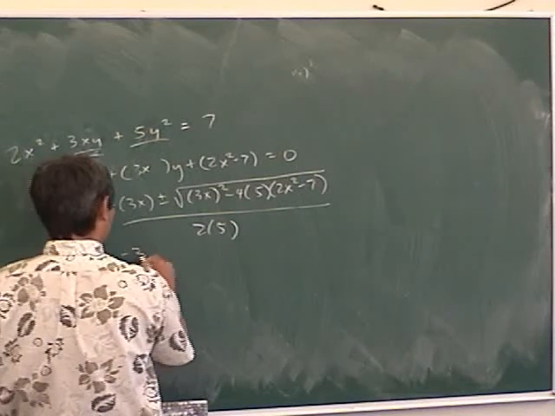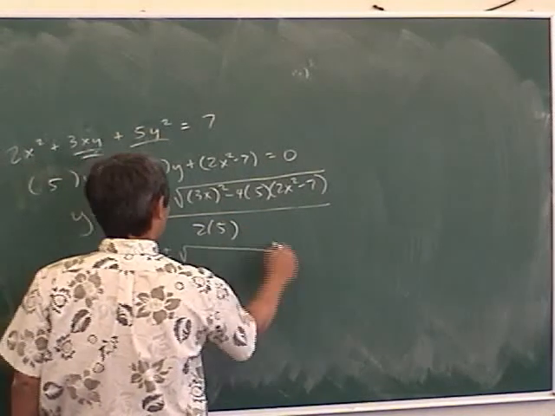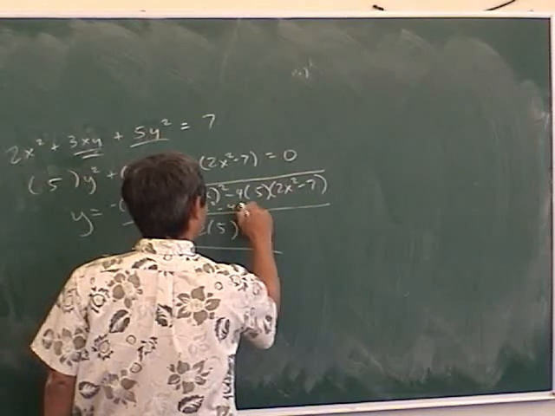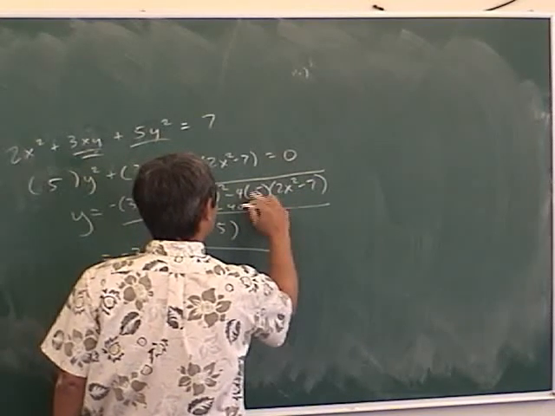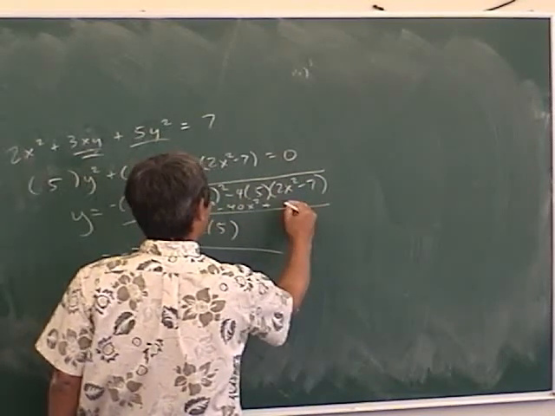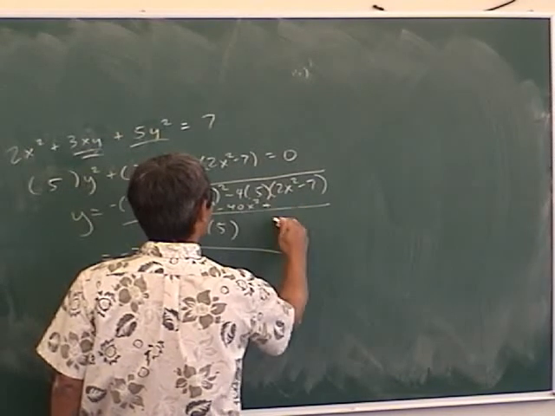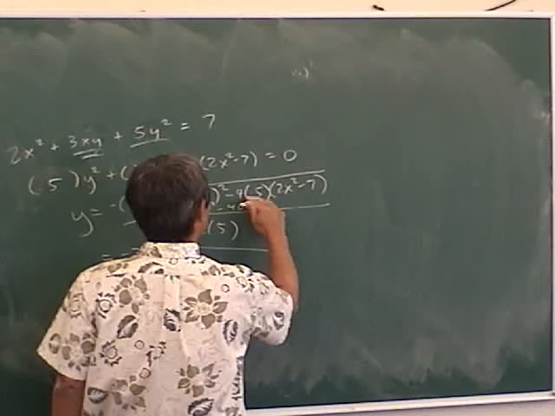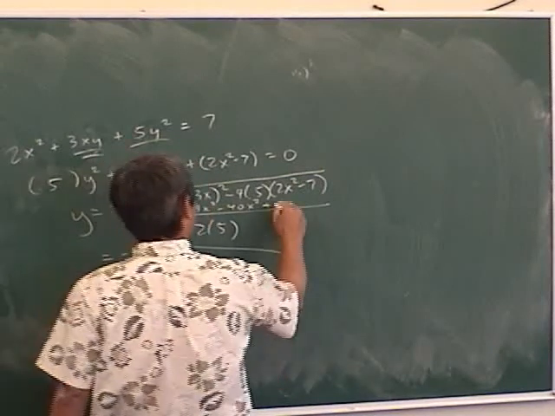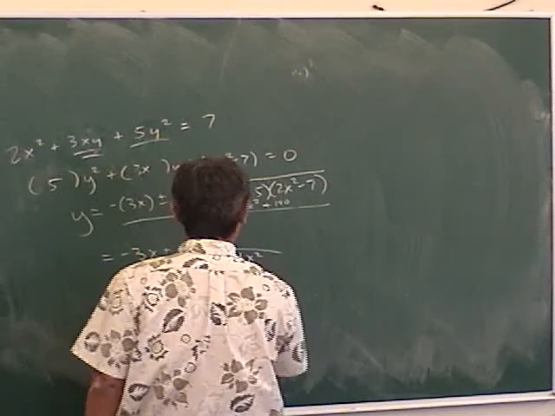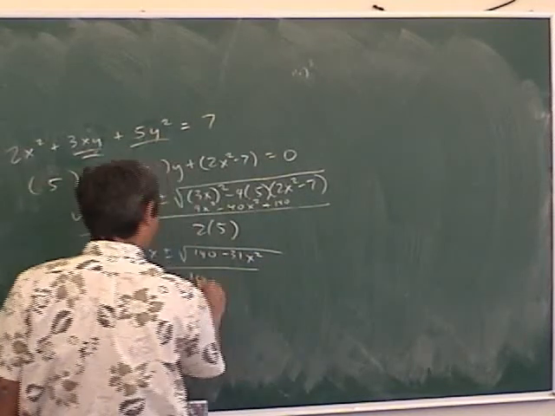So negative 3x plus or minus the square root. Okay, this is 9x squared minus 20 times 2x squared plus 20 times 7. 20 times 2, that's right. What is 20 times 7? 140. So it's 140 minus 31x squared. Ooh, that's ugly. All over 10.